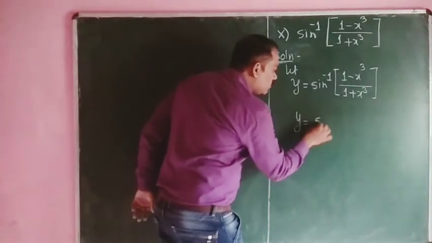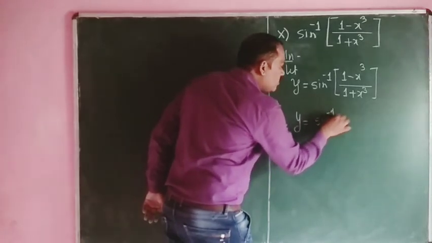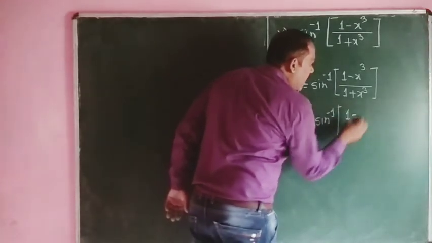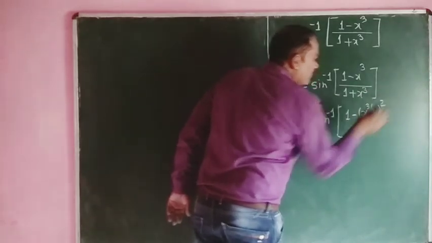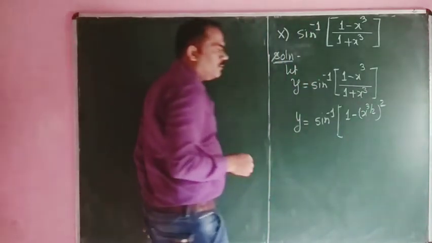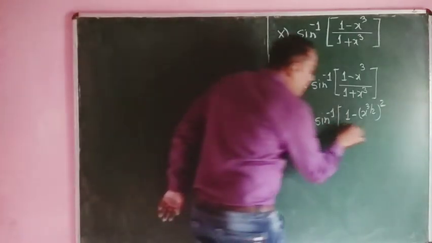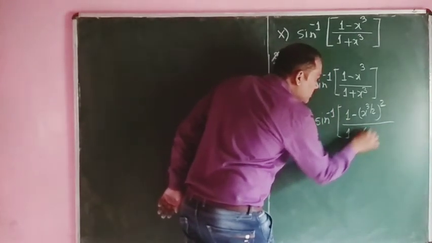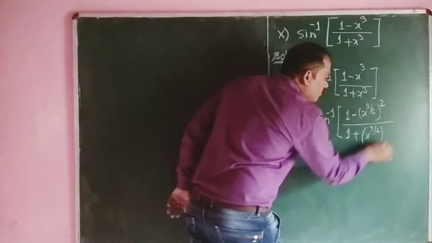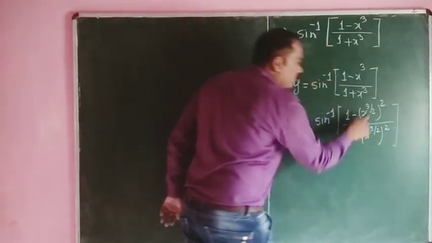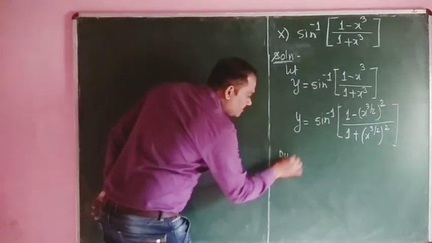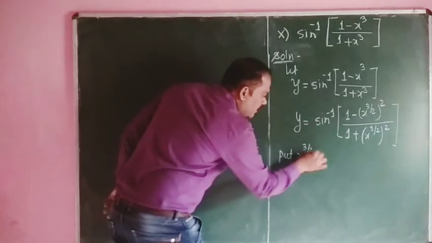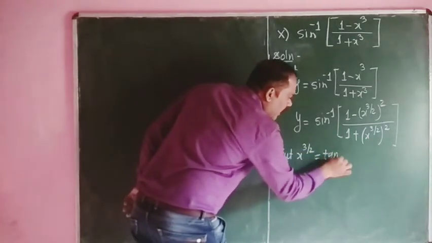y is equal to sin inverse of 1 minus x raised to 3 by 2 bracket square, the 2 gets cancelled and we get x cube, divided by 1 plus x raised to 3 by 2 bracket square. Now we have to put x raised to 3 by 2 is equal to tan of theta.